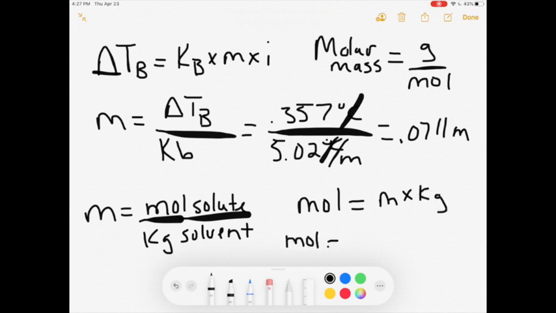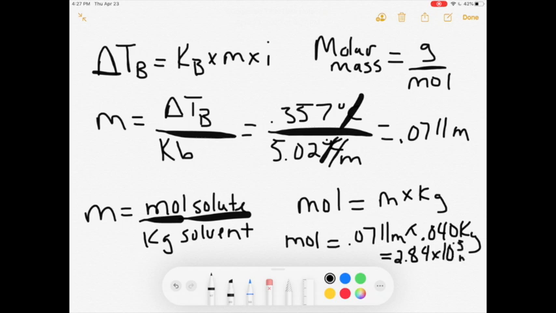So 0.0711 times 0.04, right? Because all we had to do was take 40, divide by 1,000, that gives us 0.04 kilograms. And we find we have 2.84 times 10 to the negative 3 moles of our unknown solute.